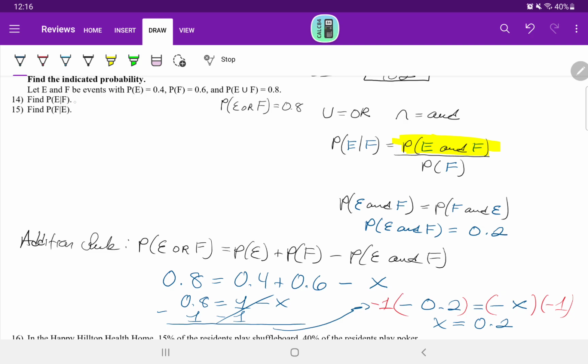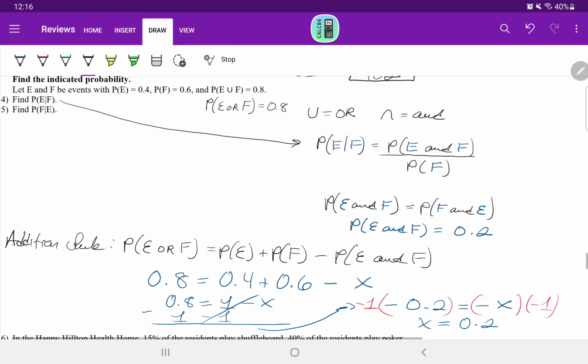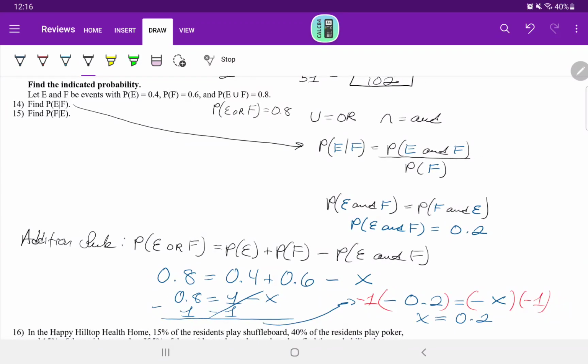For number 14, to find the probability of E given F, we're going to use the format. It is the probability of E and F divided by the probability of F. So the probability of E and F is 0.2.